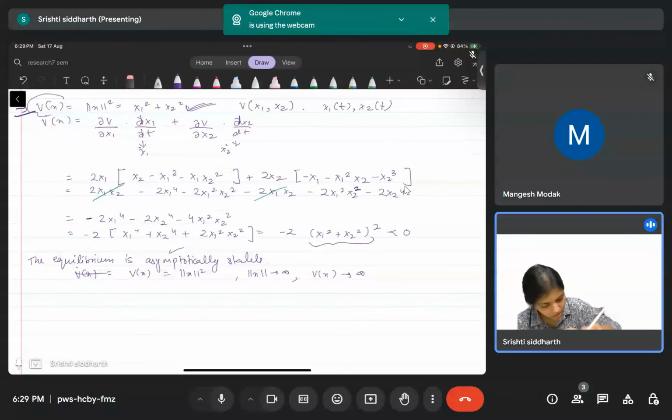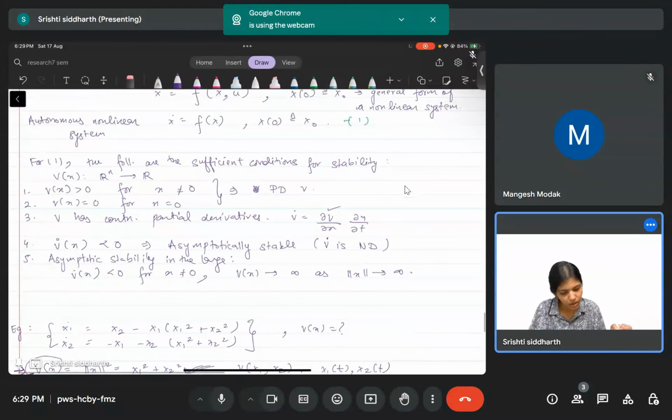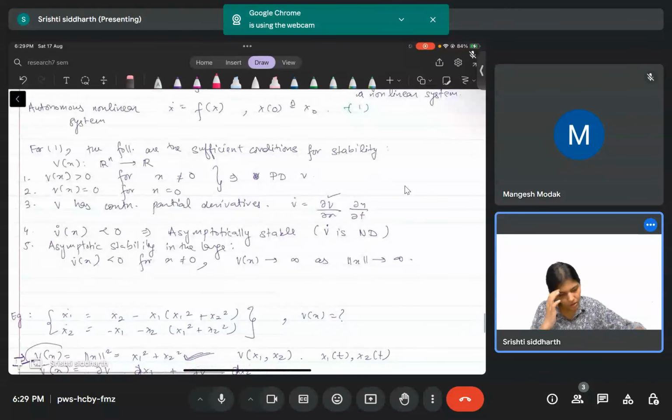So in addition to this, it is also asymptotically stable in the large.